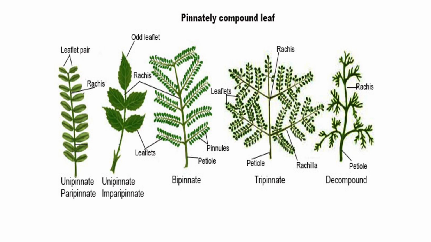Leaflets are attached to the tertiary rachis. Example, Moringa. In decompound leaf, leaflets arise from the rachis of the fourth order. Example, coriander. Next type is palmately compound leaves.